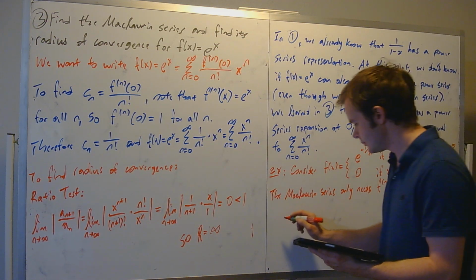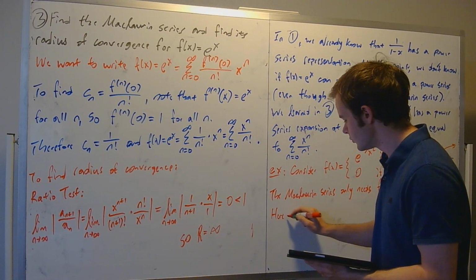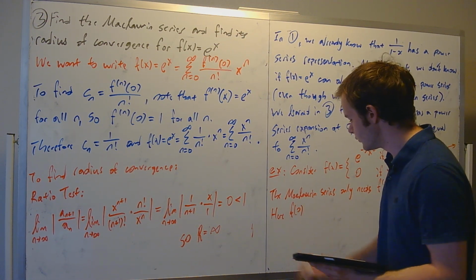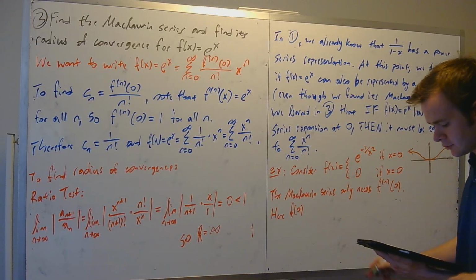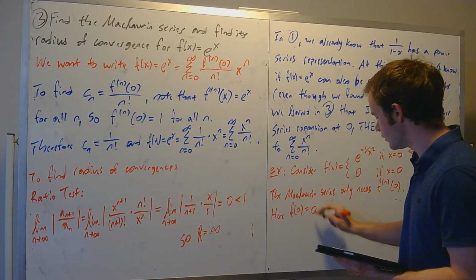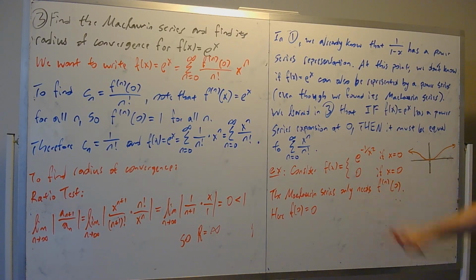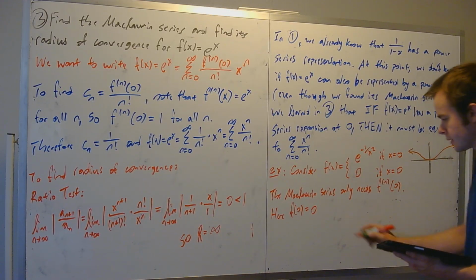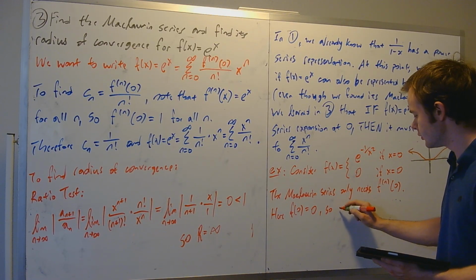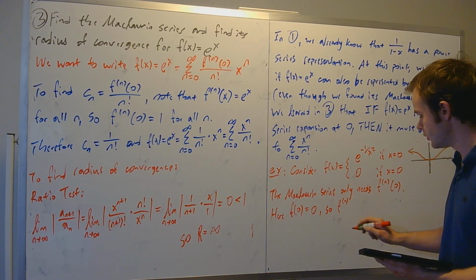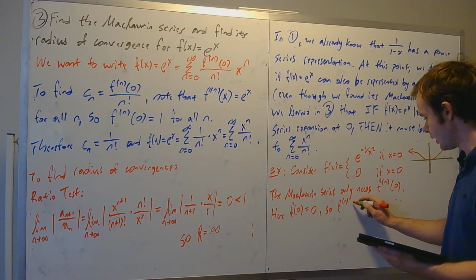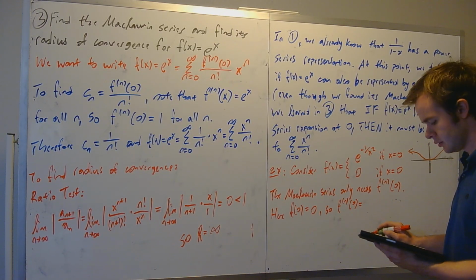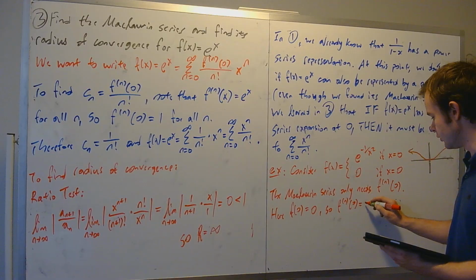And here, f of 0, so if we plug 0 into our original function, then we're going to get 0, because that's what we say: if x is equal to 0, our output is 0. So also, if we take the nth derivative of our function at 0, it turns out we're also going to get 0.